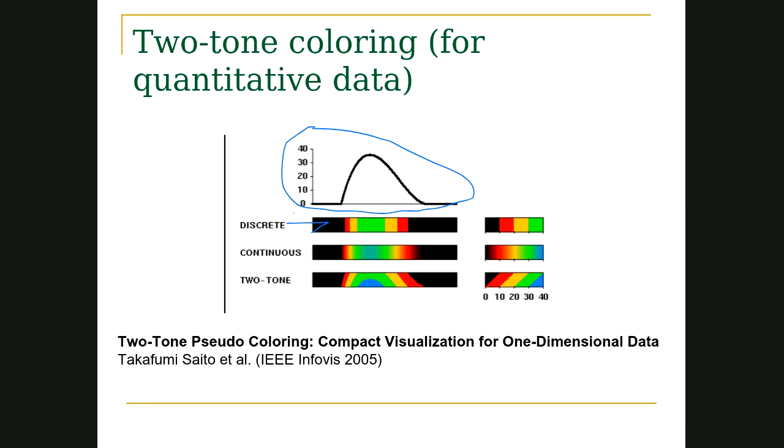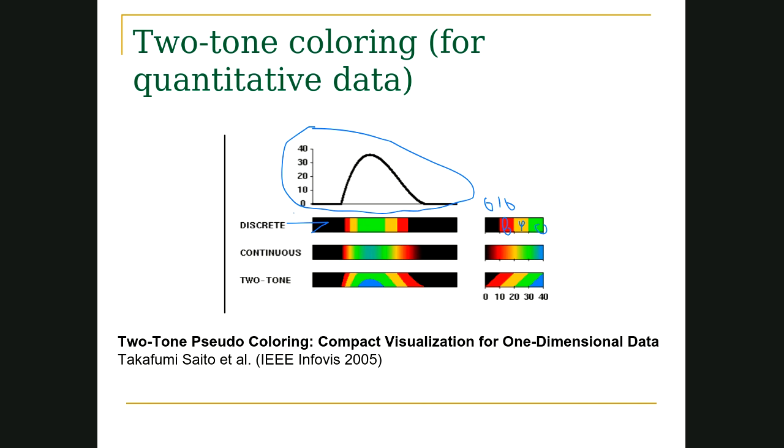So the first one is discrete. Basically what it's saying is, between 0 and 10, we're going to use black. Between 10 and 20, we're going to use red. Between 20 and 30 is going to be orange. And the last part is going to be green. You can also pick a full spectral scale, a different scale.